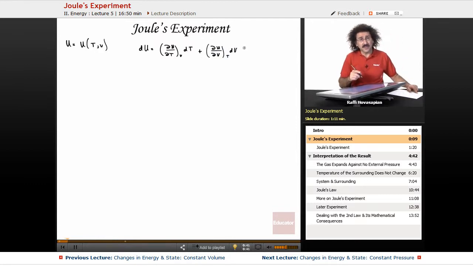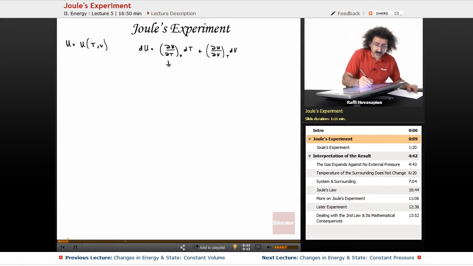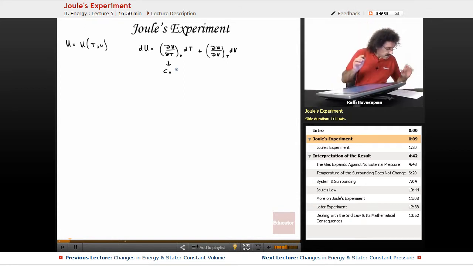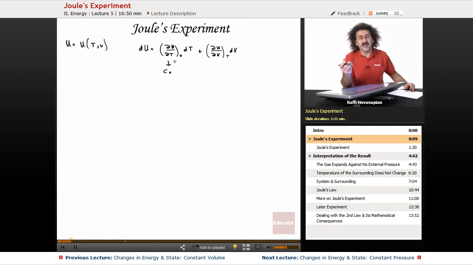In that lesson, we associated the first term with the constant volume heat capacity, under constant volume. So we took care of this, associating it with an easily measurable quantity. Now, what can we do about this other one? We're just going to deal with the other partial derivative in this total differential expression.